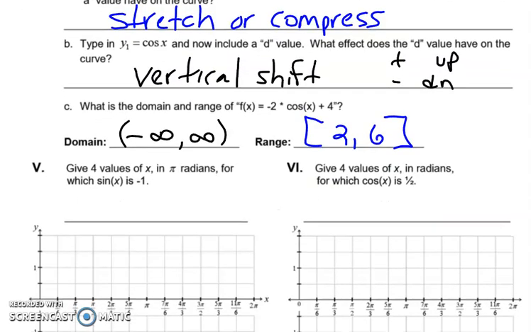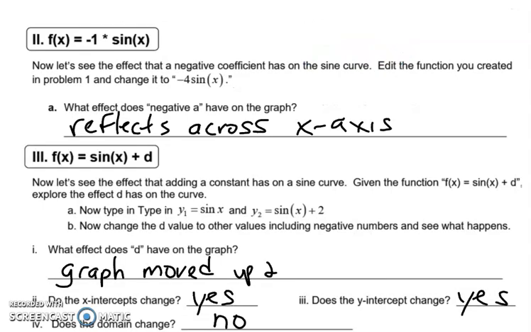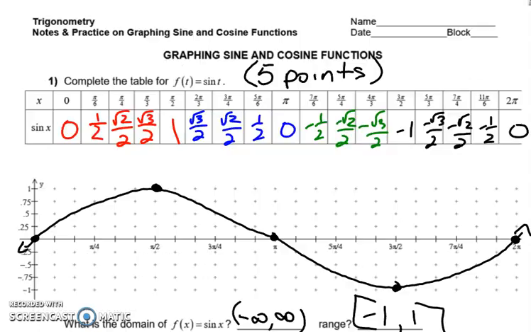So on this last part, we want 4 values for x in radians for which sine is -1. So you can go back and see where sine is -1. 3 pi over 2.